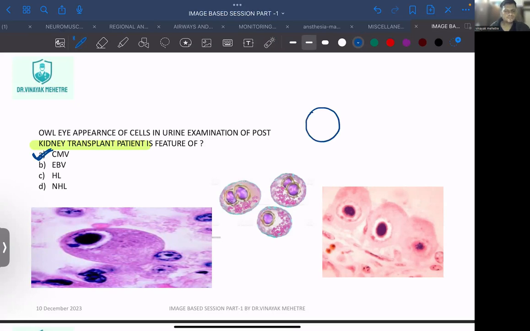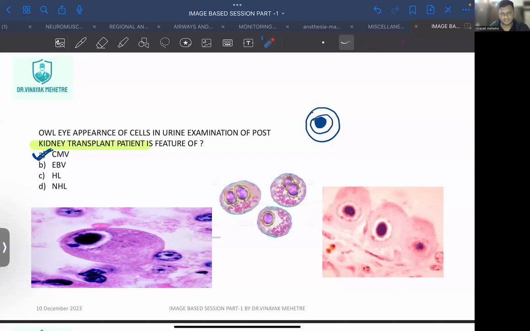There is one big black dot or blue dot, whichever you want to say, right? And remember, inside the nucleus, ये nucleus है जो पूरा बना है.